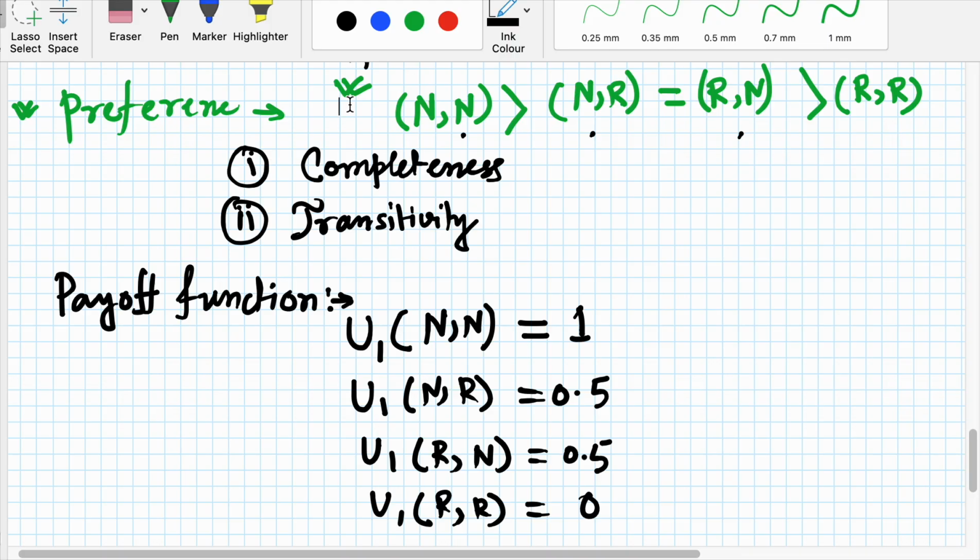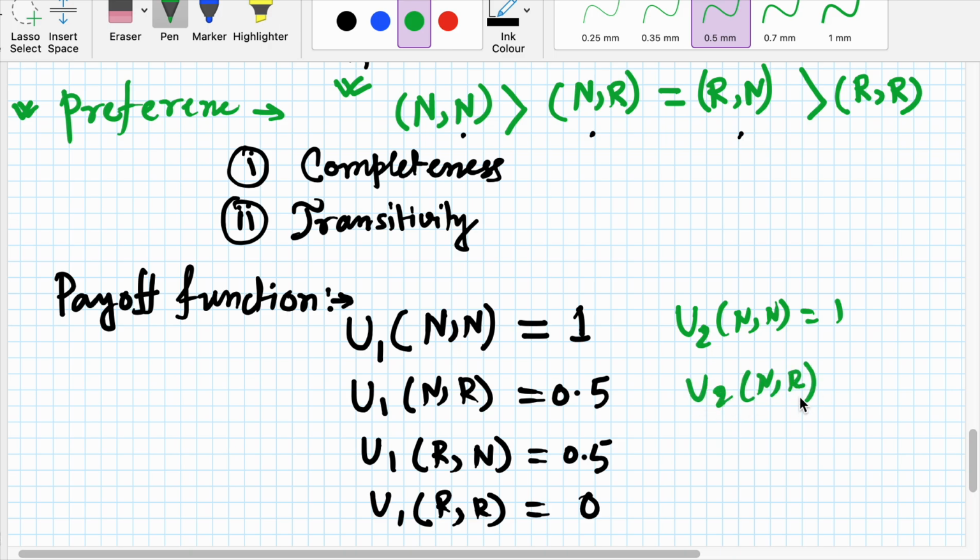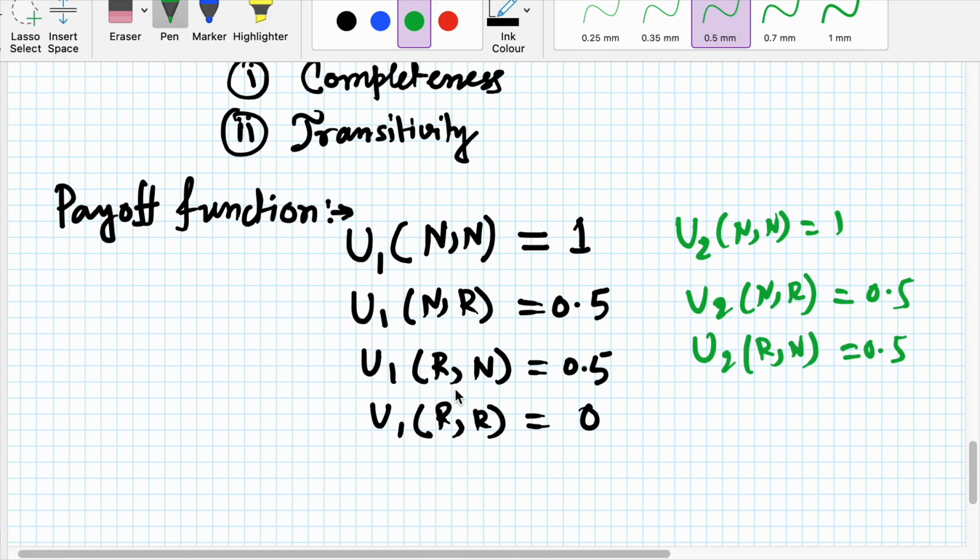So we can write the same utility for player 2: u2 of n comma n is 1, u2 of n comma r is 0.5, u2 of r comma n is 0.5, and u2 of r comma r is 0. This is the payoff function.